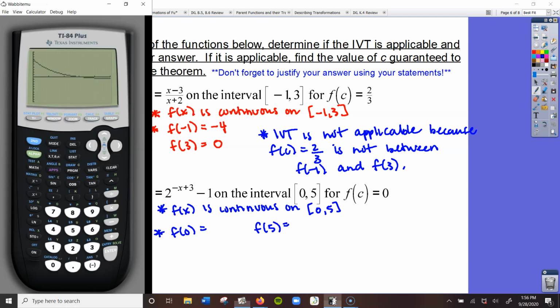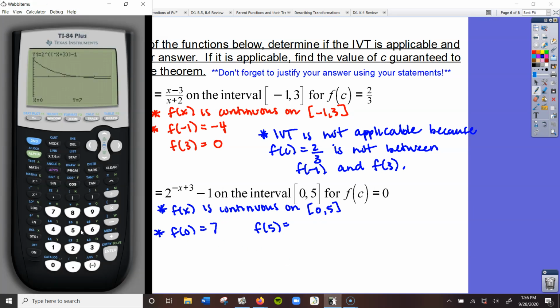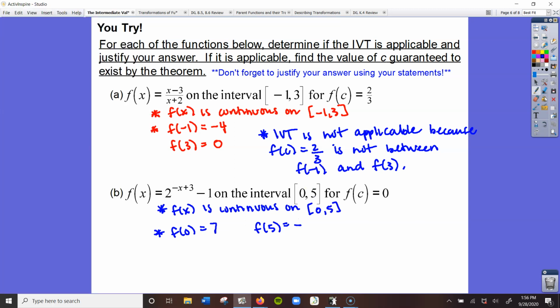So I'm going to go to my calculator here, second calc, selected value, 0 for the first one, and we get 7. Now I'm going to go ahead and do 5, enter, and we get negative 0.75.